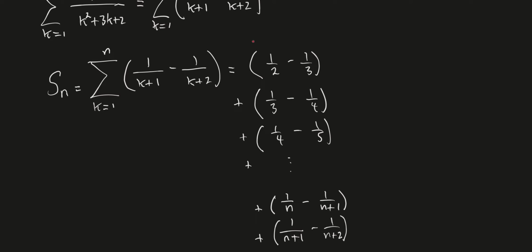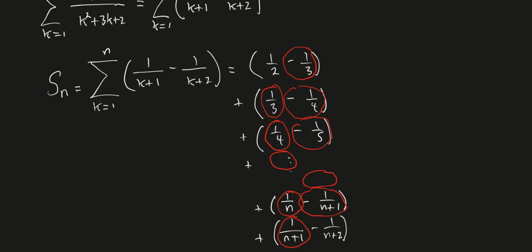In terms of our method of differences, that negative 1/3 and the positive 1/3, that negative 1/4 and the positive 1/4, negative 1/5, and then there's going to be a positive 1/5 after that one. Working backwards, we have the 1 over n plus 1 and the minus 1 over n plus 1. And then in the pair of parentheses prior to this one, we'll have a negative 1 over n that will cancel out with that positive 1 over n.